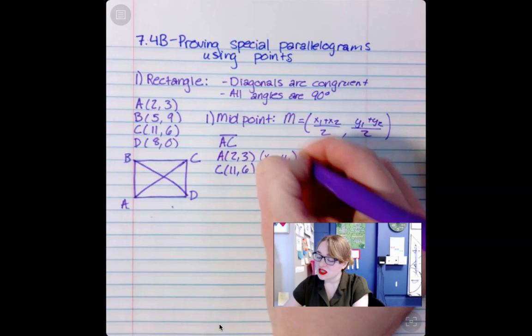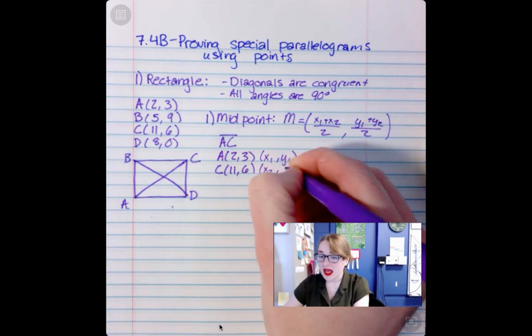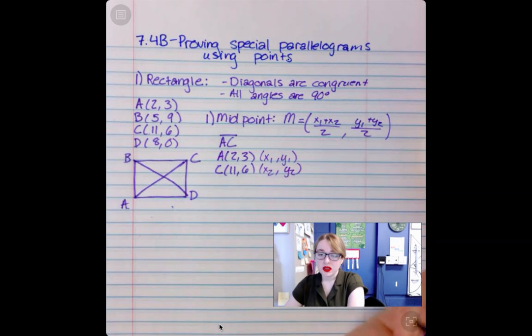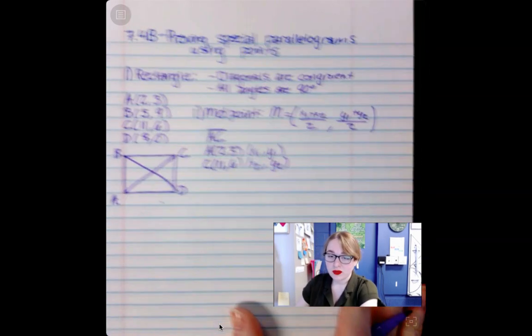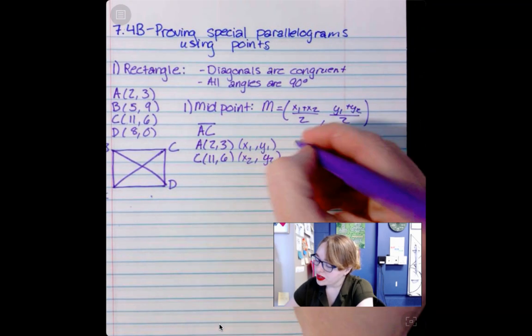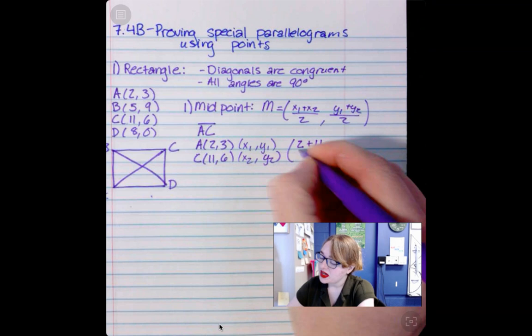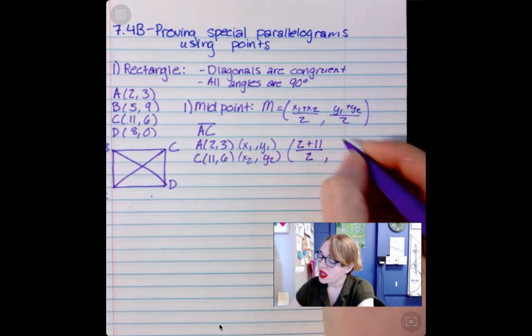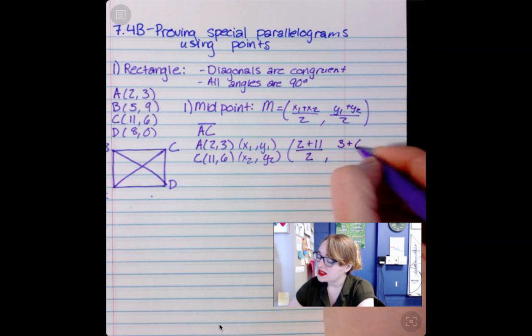That's going to be my x1, y1, and point C to be my second favorite, or my x2, y2. Okay, so we're just going to plug these numbers into our midpoint formula. So we have our x1, which is 2, plus our x2, which is 11, divided by 2, and then our y1 at 3 plus our y2 at 6 divided by 2.